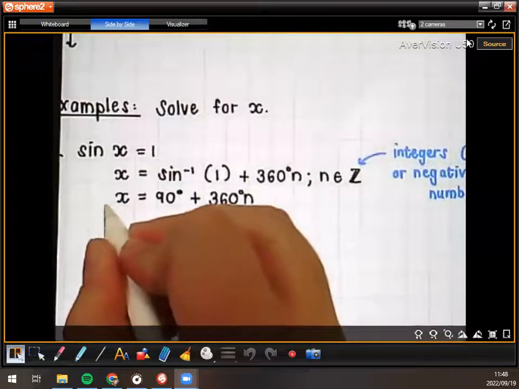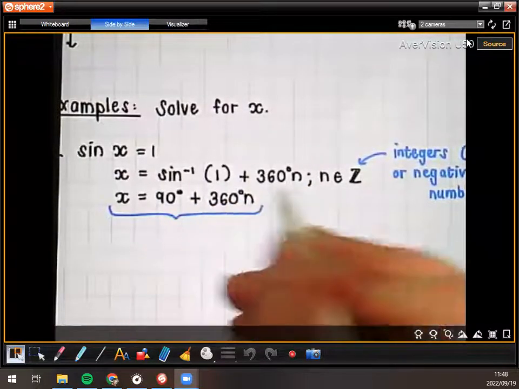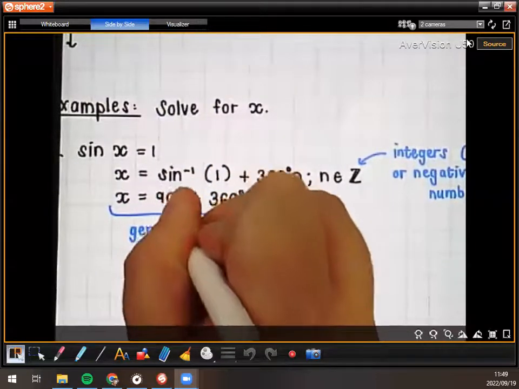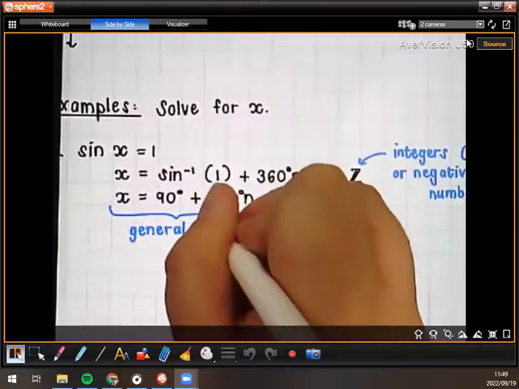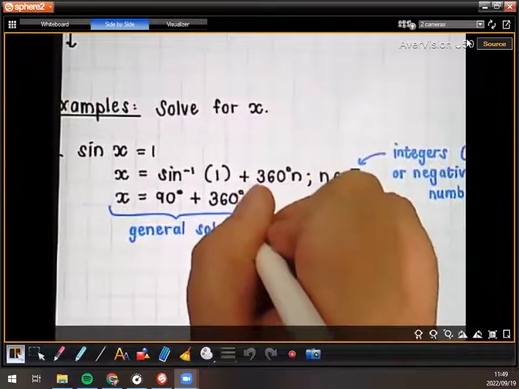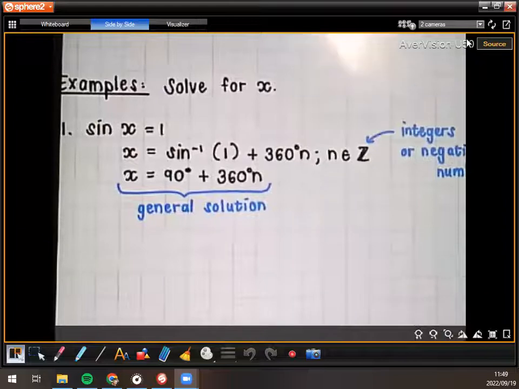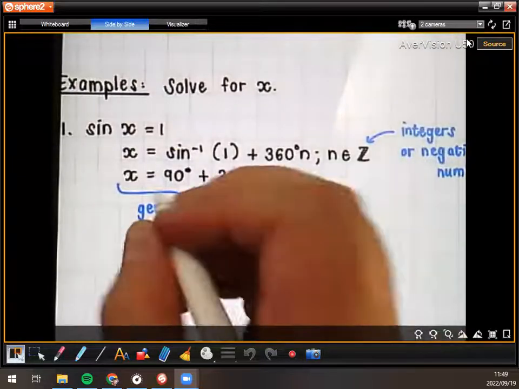We call this the general solution. That is the term for this. Normally for a general term or general formula, that's what we say if it's the rule. So, general solution.